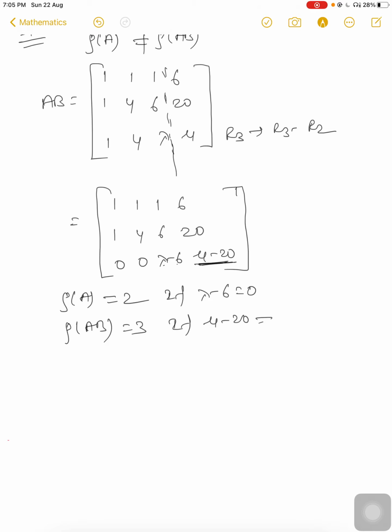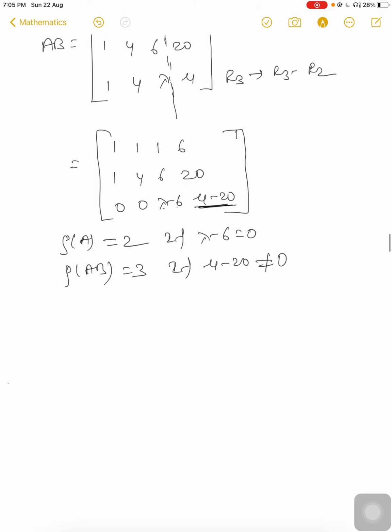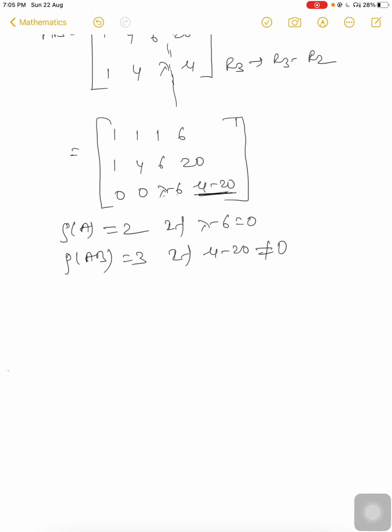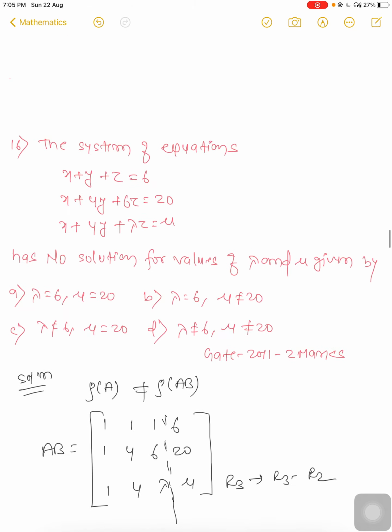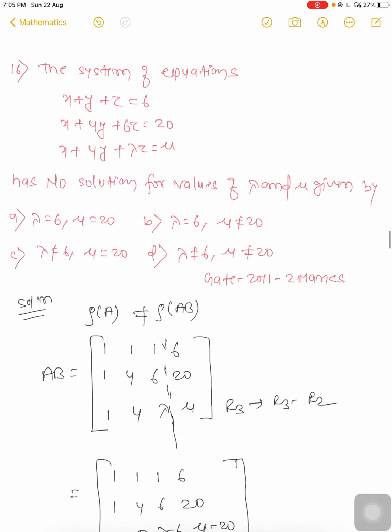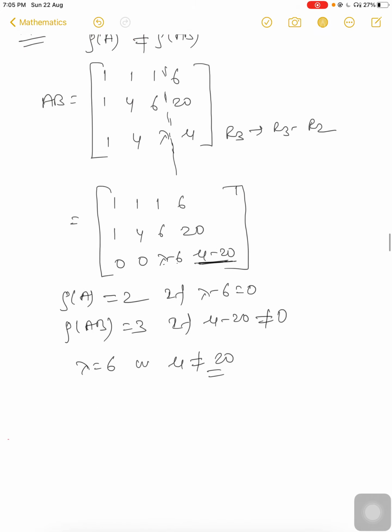So the condition will be lambda equal to 6 and mu not equal to 20. In that condition we will get no solution. So lambda is equal to 6, and option B will be the right answer.